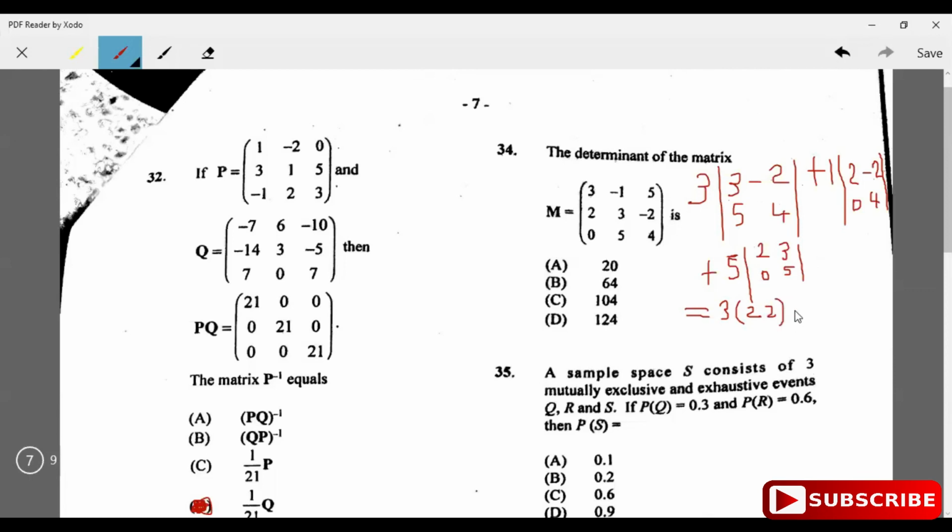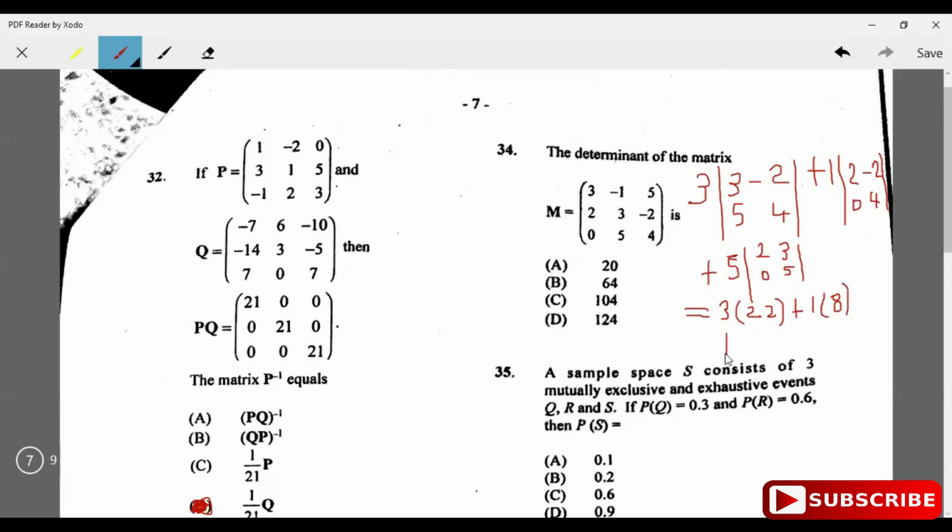Plus 1 times, this is now 8. 2 times 4 is 8, minus 0.